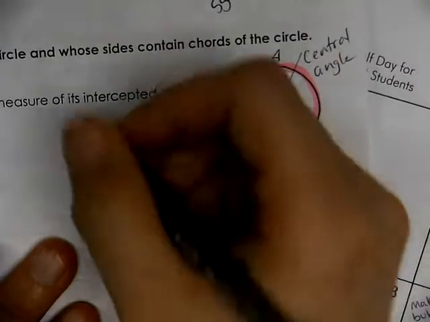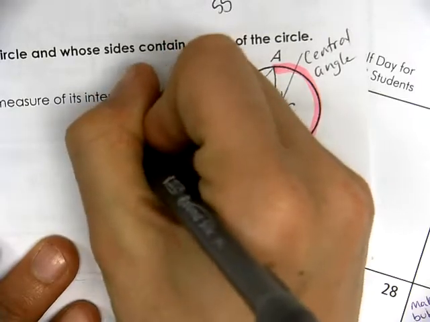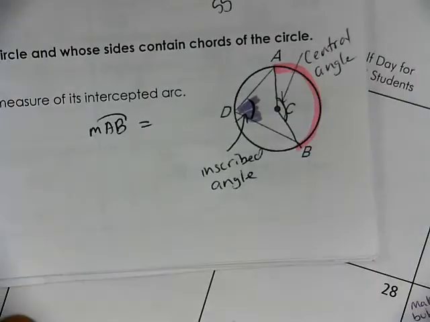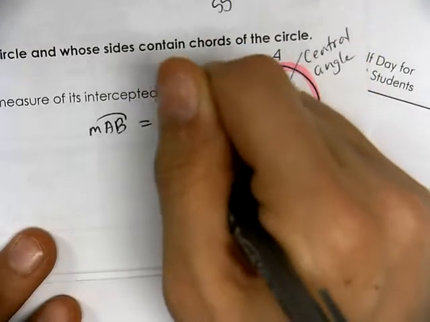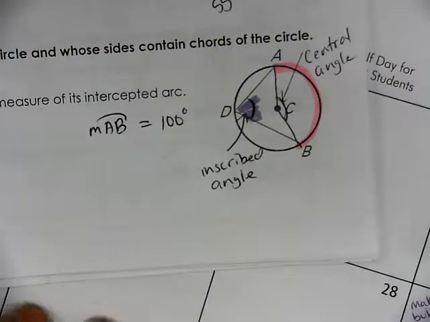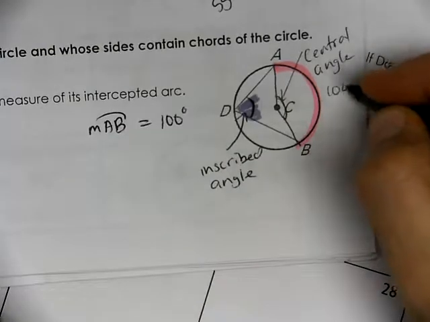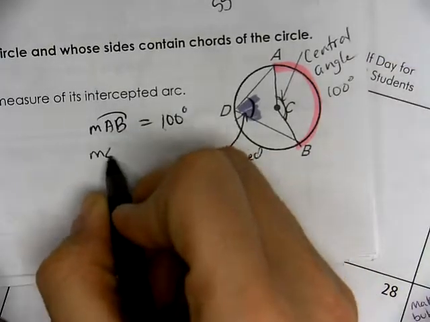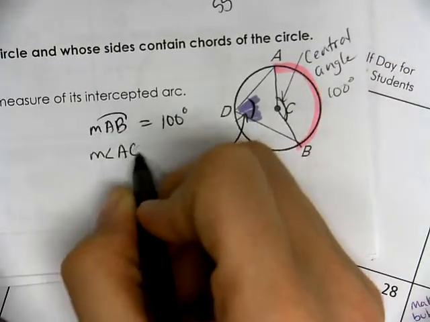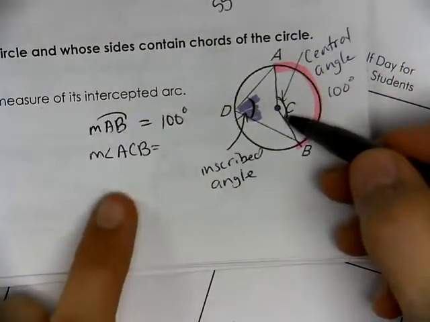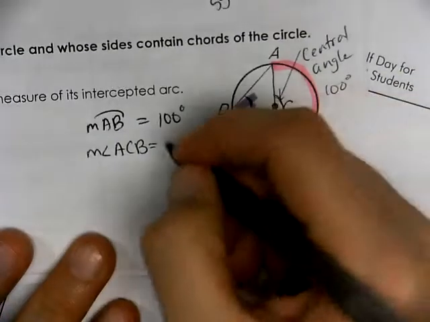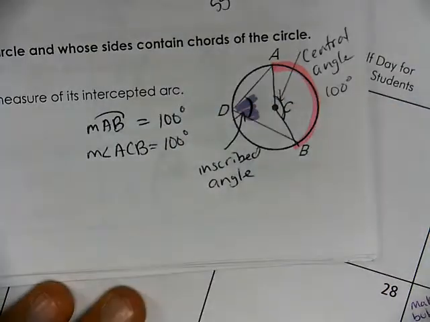Okay, so if the measure of arc AB was 100 degrees, the measure of angle ACB, which is that central angle, is 100 degrees.